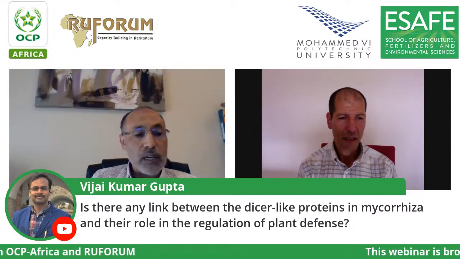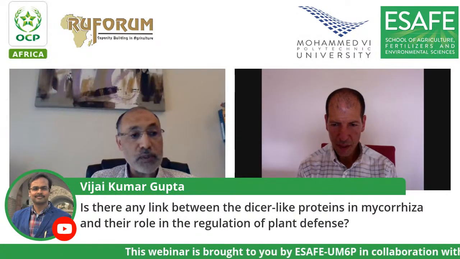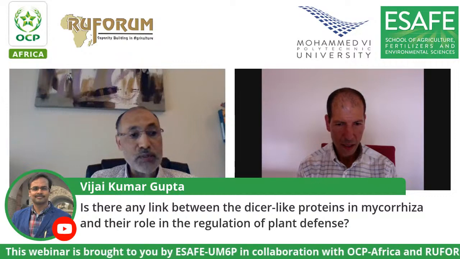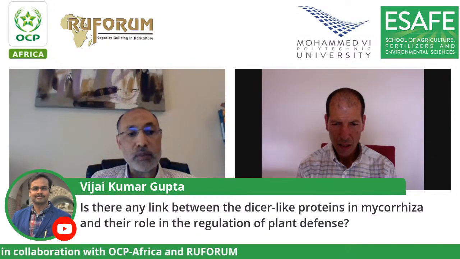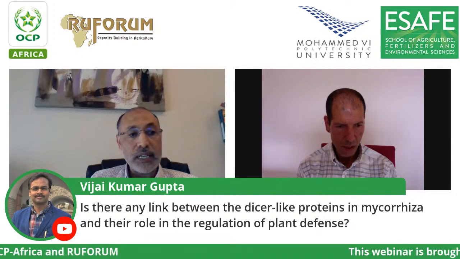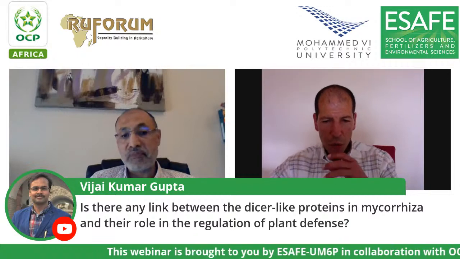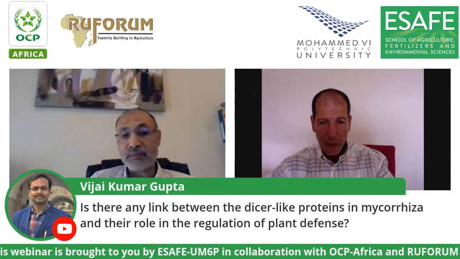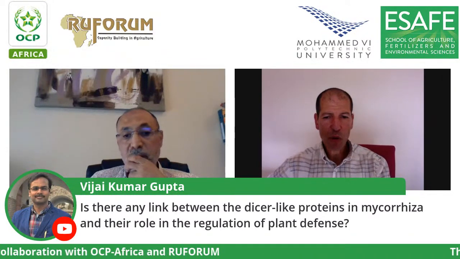Okay. So a question from Vijay Kumar Gupta, also from the same university, Mohammed VI University Polytechnic. Is there any link between the dicer-like proteins in mycorrhiza and their role in the regulation of plant defense? Well, good question. I assume there is one, but we have already to demonstrate this.